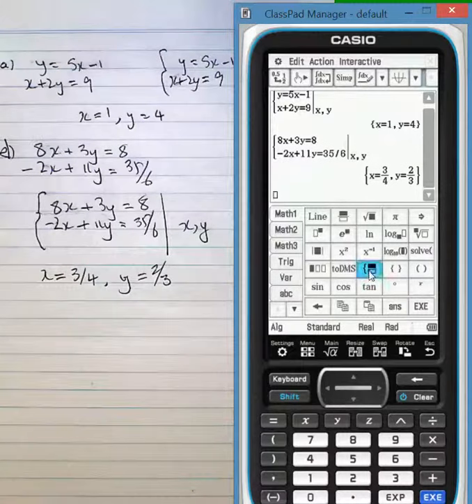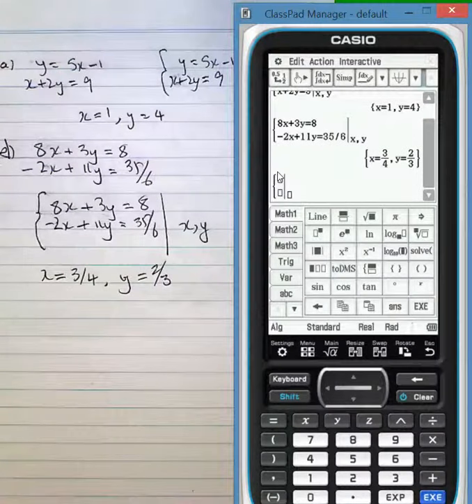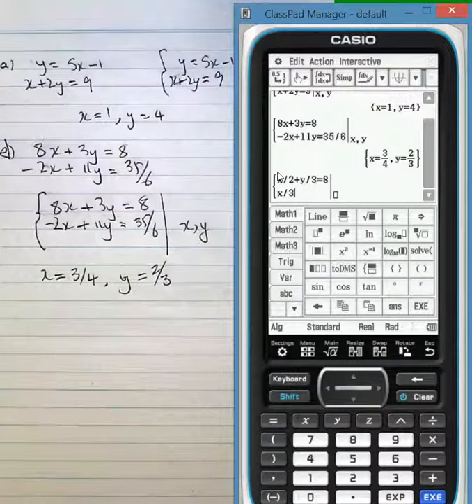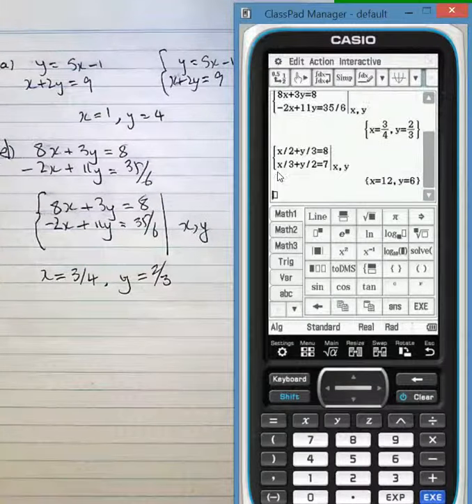I'll quickly show you how to set up part E. It works in exactly the same way, just we've got to use fractions as we go. And you can see there we get our answer pretty readily.